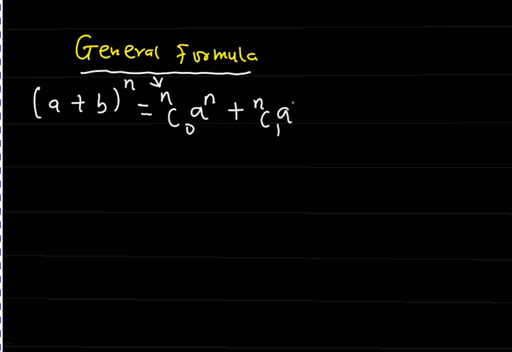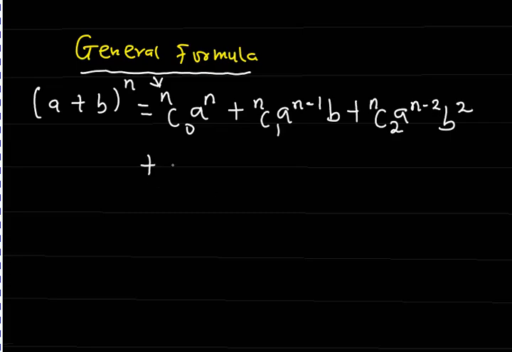So the power of A reduces by 1, while the power of B increases from 0 to 1. The next coefficient is going to be n combination 2. The power of A reduces by 2 this time around, while the power of B increases by 2.